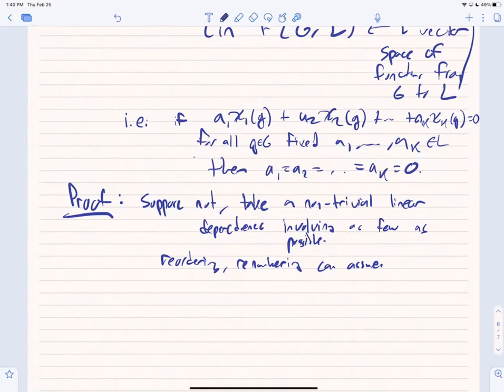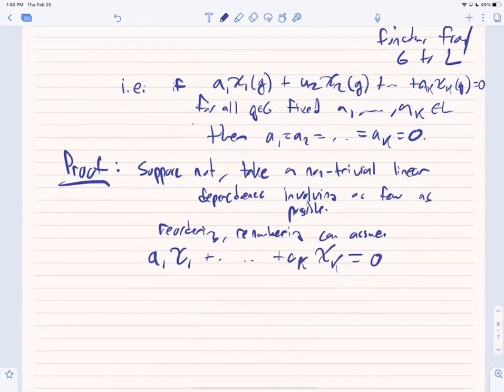So reordering and renumbering, let me assume that I have A1 chi 1 plus that plus Ak chi k equals 0, and none of these Ai are equal to 0.